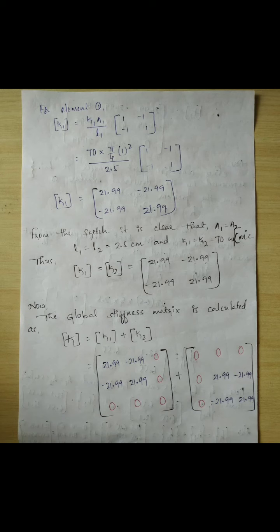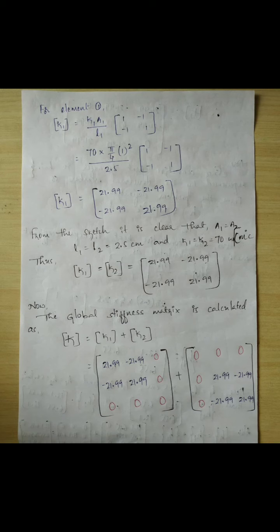Thus, k1 and k2 matrices entries are to be increased to a 3 cross 3 matrix from a 2 cross 2 matrix, which is done by introducing dummy rows and columns of zeros. For element E1, we have to find out the value of small letter k1, individual element stiffness matrix.